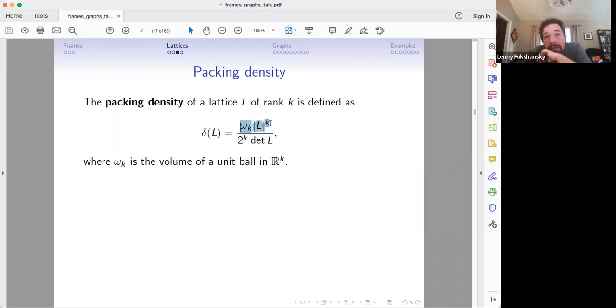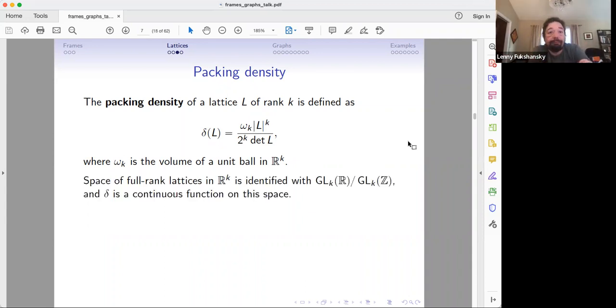Then this divided by 2 to the k is the volume of a ball inscribed into the Voronoi cell, divided by the volume of the Voronoi cell.